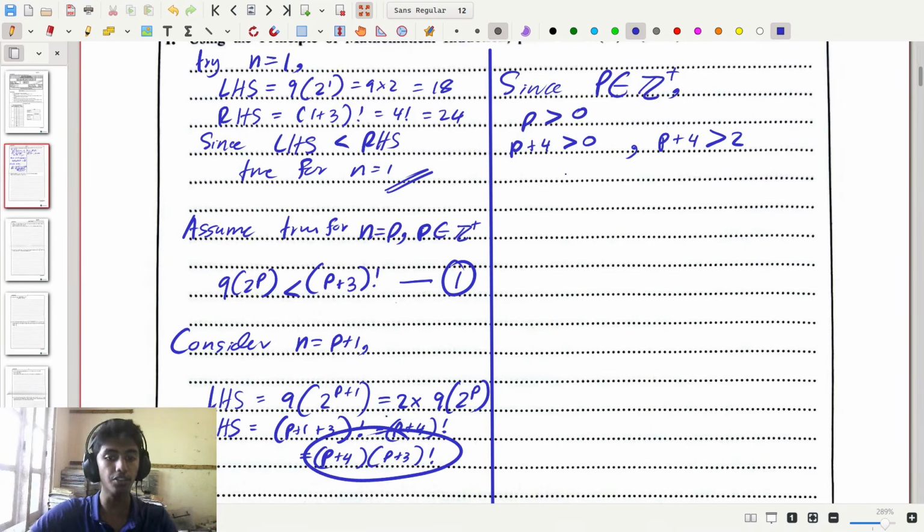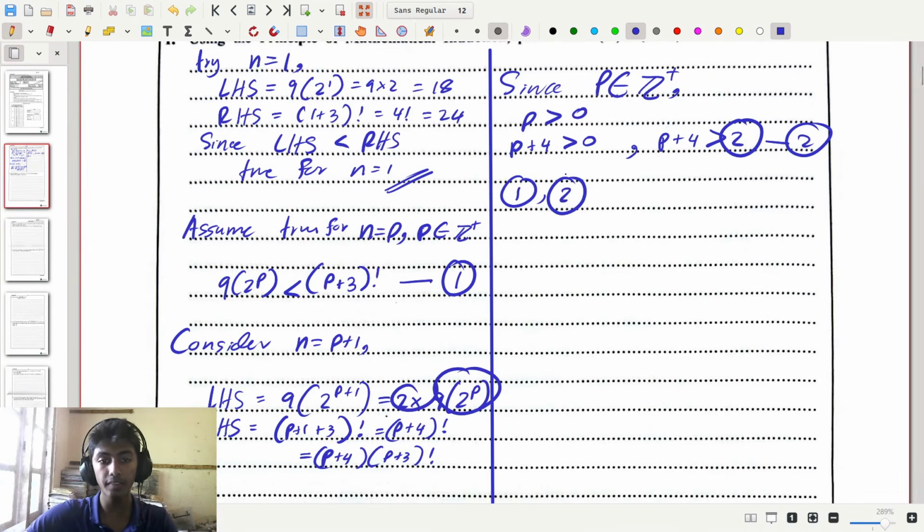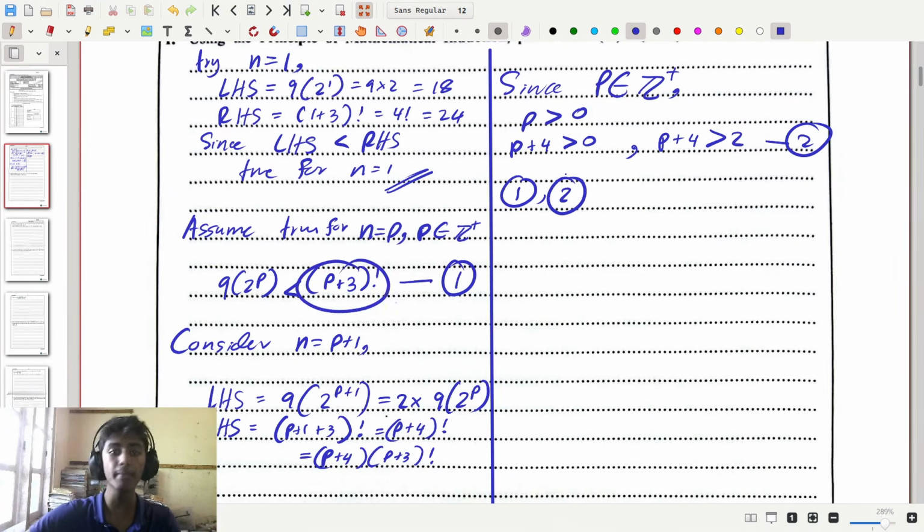So due to this, we can say that the product of the two smaller numbers is smaller than the product of the two bigger numbers. So here, since we know this, which I'm going to call 2, from 1 and 2, since we are multiplying two smaller numbers together to get this number here, that number is going to be smaller than the two bigger numbers p plus 4 and p plus 3 factorial being multiplied together.